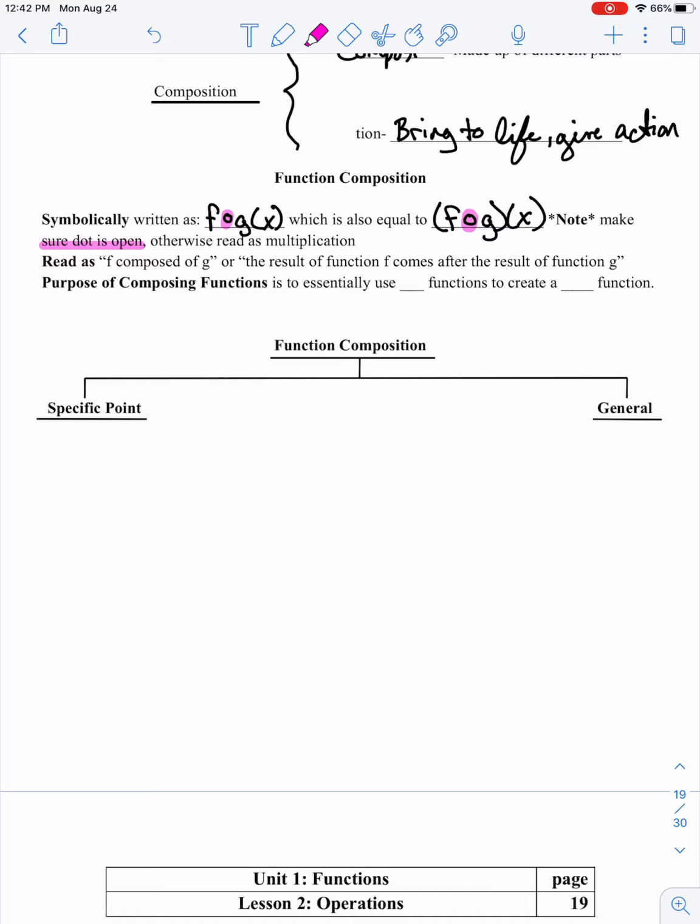So you read it f composed of g, or the result of f, which can be thought of as y, comes after. So the y value of f comes after the y of g.